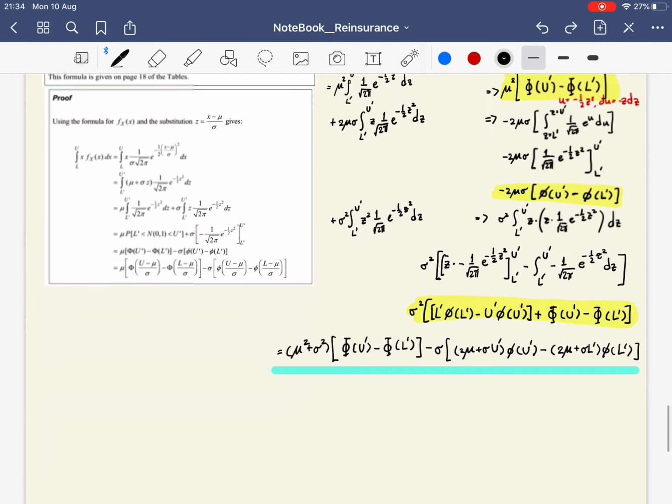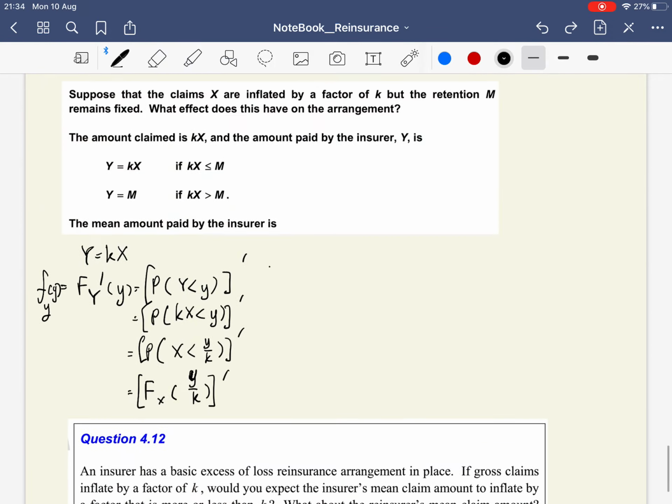Okay. The second way is to not find the new PDF, which can be done by this: we pay the claim of kx if kx is less than m, or we could say x is less than m over k, right?